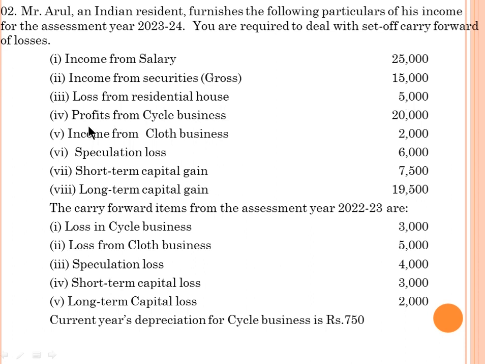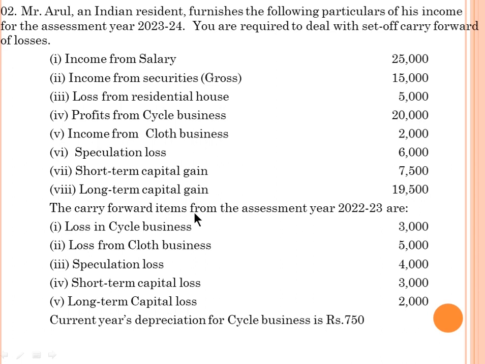Profit from cycle business 20,000, income from cloth business 2,000, and speculation loss 6,000. All three items we record under the head business. Short term capital gain 7,500 and long term capital gain 19,500, both recorded under capital gains.